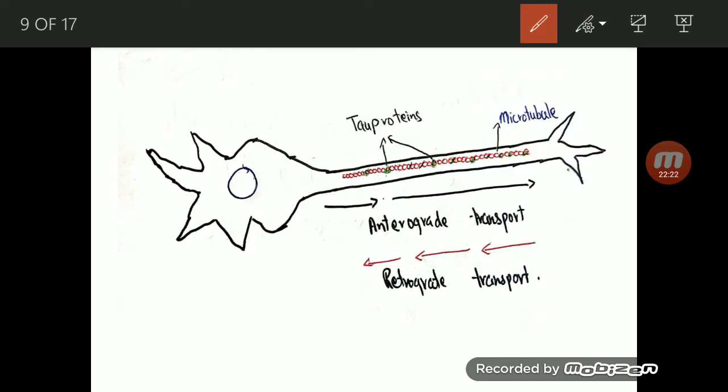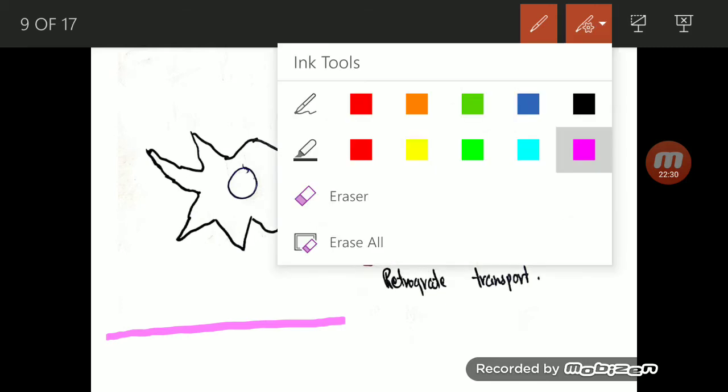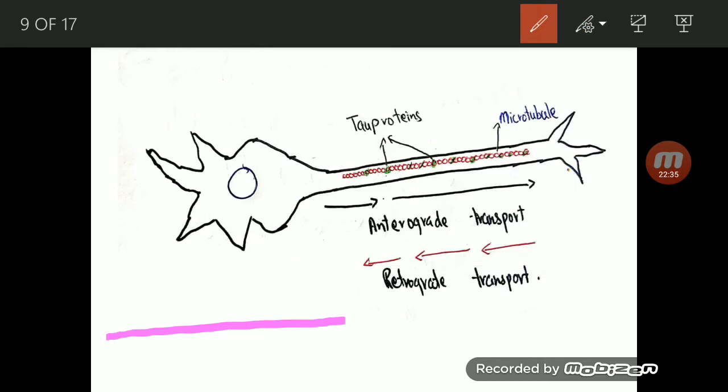Okay, so if this is your highway, your microtubules highway, and it is being held together by tau protein, tau protein, tau proteins.